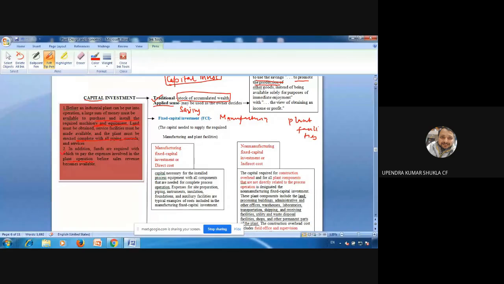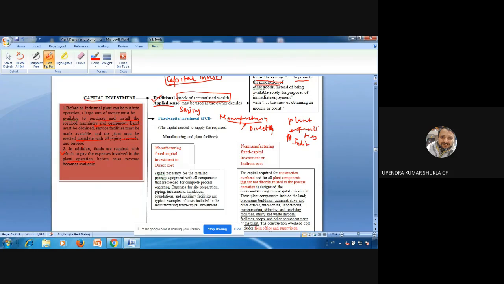The capital needed to supply the required manufacturing facilities will be the manufacturing fixed capital investment. It is also called the direct cost because this is directly related to the manufacturing of something. So this is direct cost also. And plant facilities means non-manufacturing fixed capital investment. This is also called indirect cost.